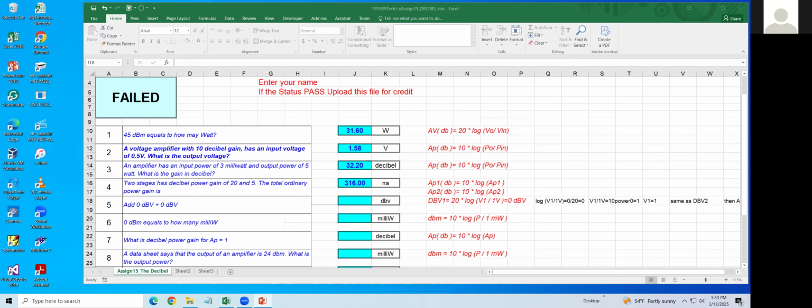I think I got 3.16. Who else? Yeah, 316.